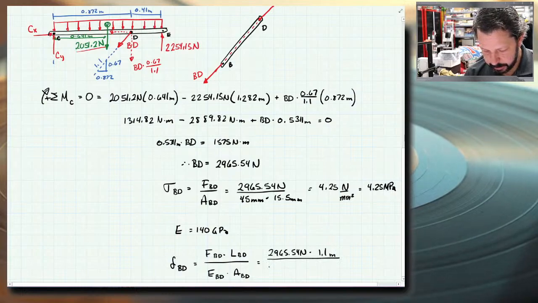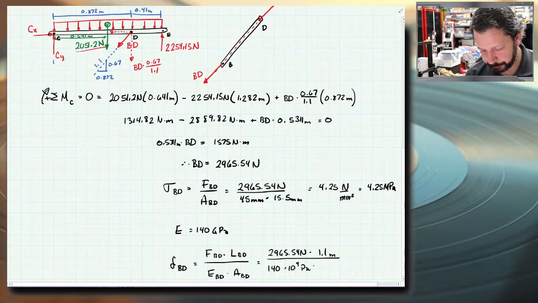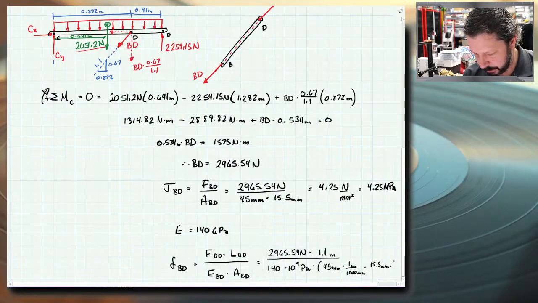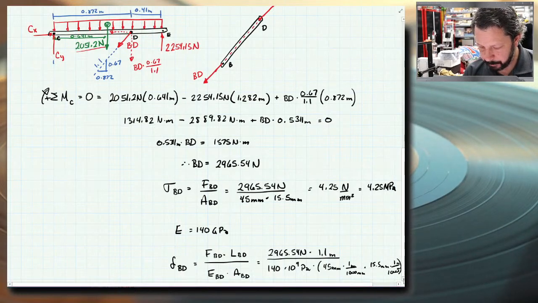E is 140 giga, so that's times 10 to the 9th pascals. Area is this same thing, 45 millimeters times 1 meter per 1,000 millimeters times 15.5 millimeters times 1 over 1,000 meters per millimeter. Kind of ran out of room there.